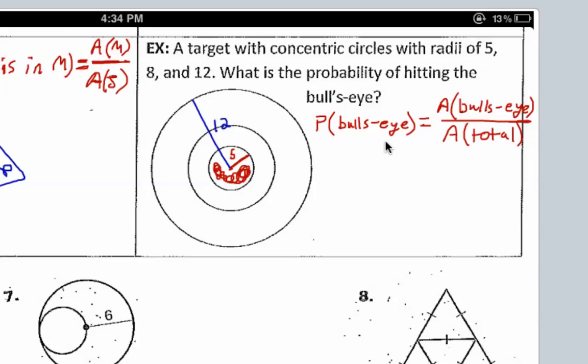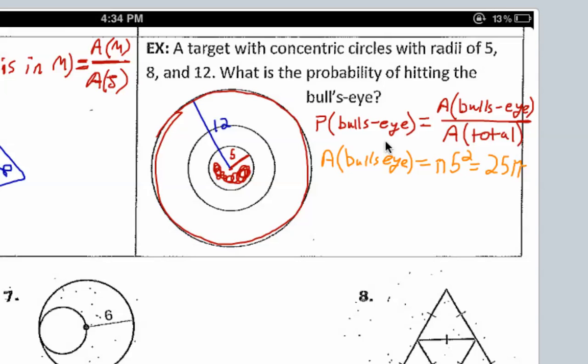The total area is the area of the entire big circle here. We can find that pretty quick, right? Pi r squared gives me the area of the whole thing. The area of the bullseye, we can find that pretty quick too. So let's find those two things. Area of the bullseye is pi times 5 squared, which gives me, let's just leave it as 25 pi.